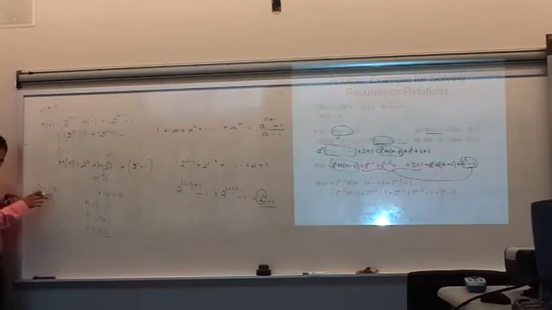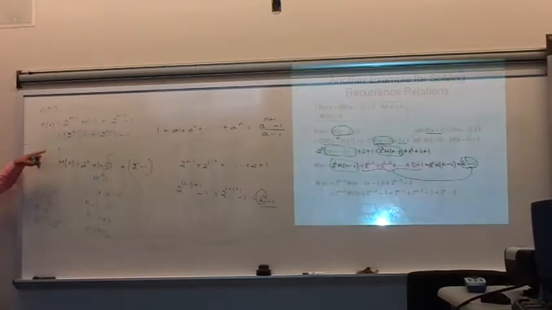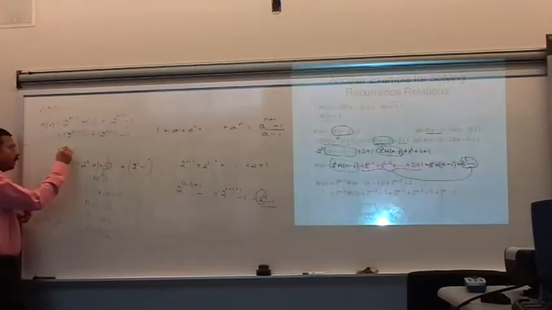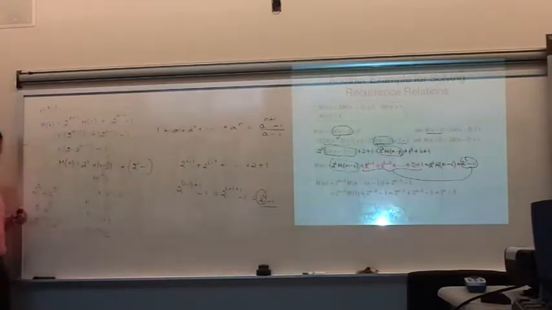We're adding it twice, right? So it is 2 times 2 cubed. So that is 2 to the power, what was the exponent, 1 plus 3, which is 2 to the power 4. Right? So likewise, you are adding 2 to the power n minus 1 twice, so it is 2 times 2 to the power n minus 1, whole thing minus this 1.